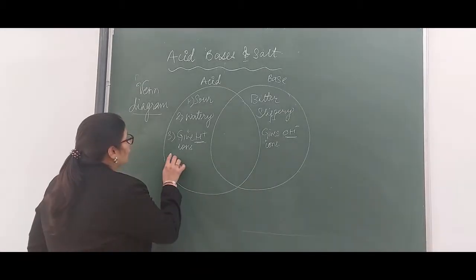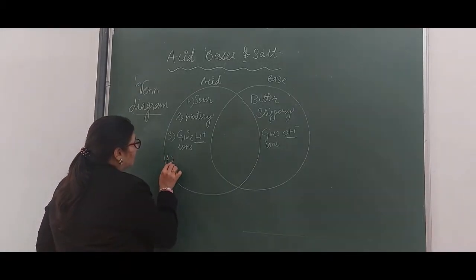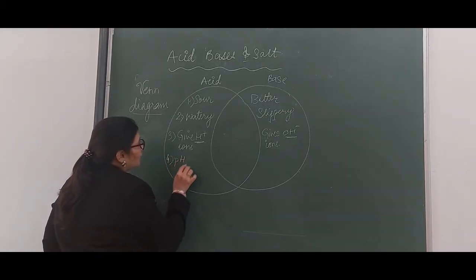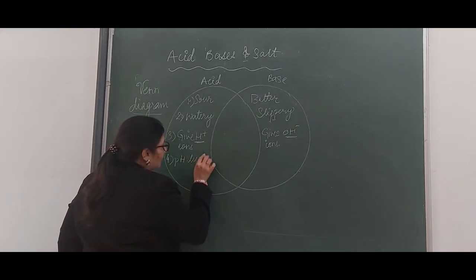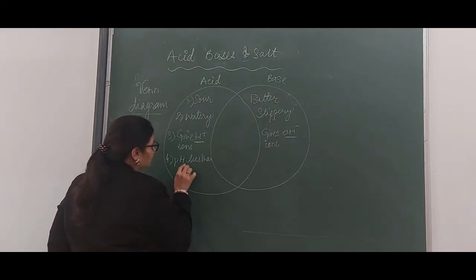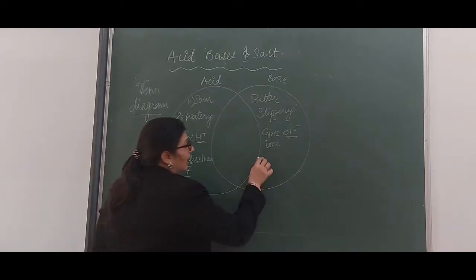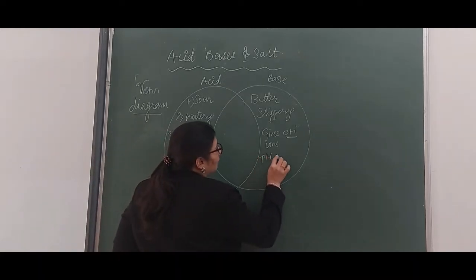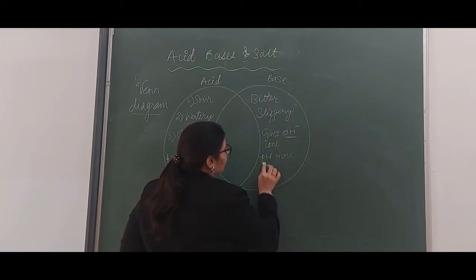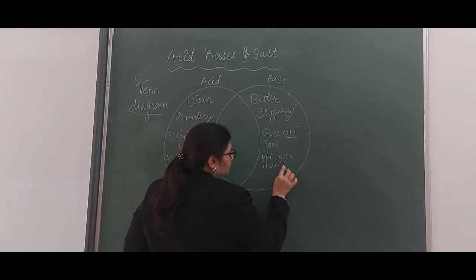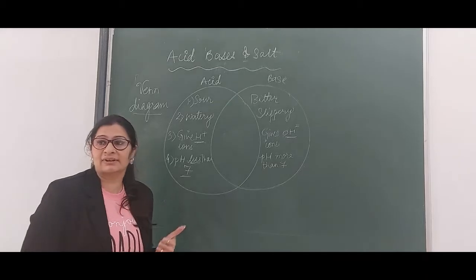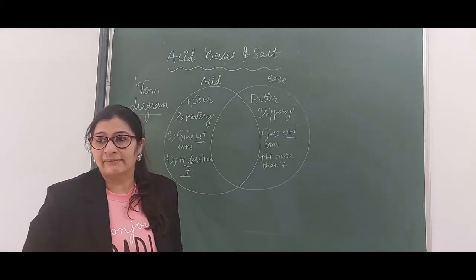Next, if you test with a pH paper, the pH of an acid will come less than 7, and here the pH of a base will come more than 7.